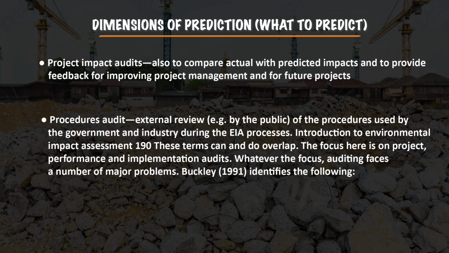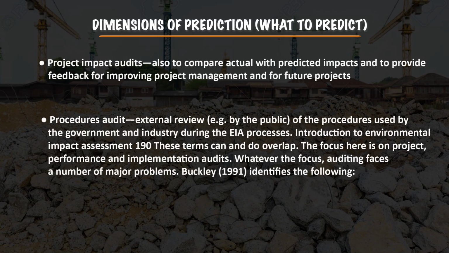And there is the procedure audit, which is an external review of the procedures used by the government and industry during the environmental impact assessment process. These terms can also overlap sometimes. The focus here is on the project, performance and implementation audits.